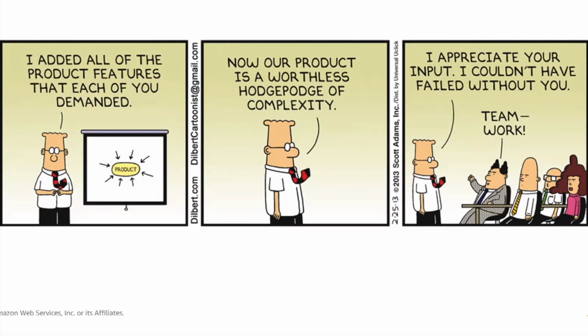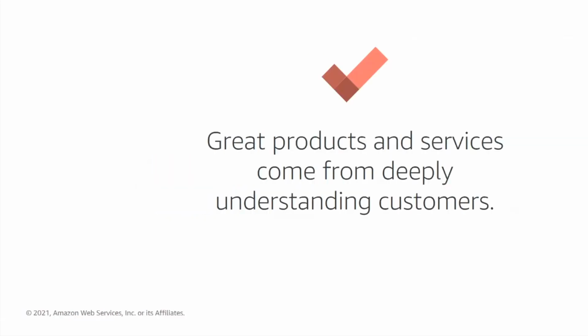Okay, so let's close this first chapter here. To summarize everything that we discussed in this first and probably the most substantial part that we wanted to cover in the beginning: great products and services come from deeply understanding customers. So if you spend some time and thought and empathy to understand your customers' needs, then the question is, what comes next?